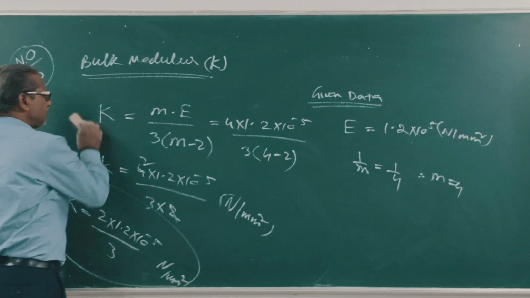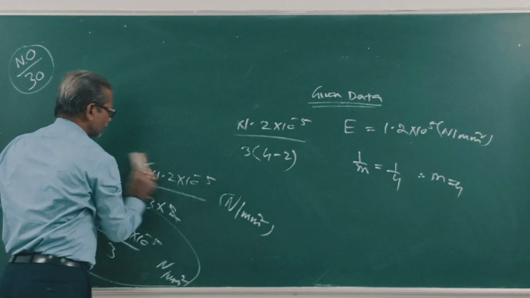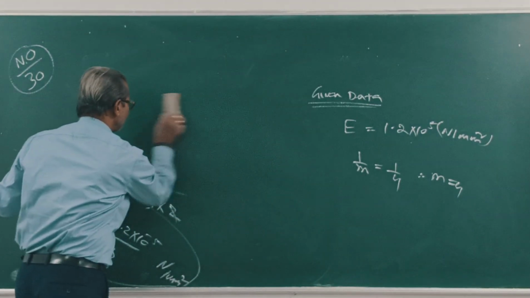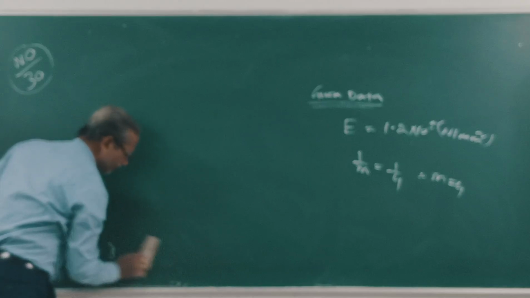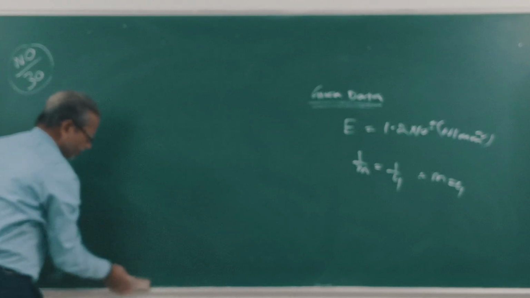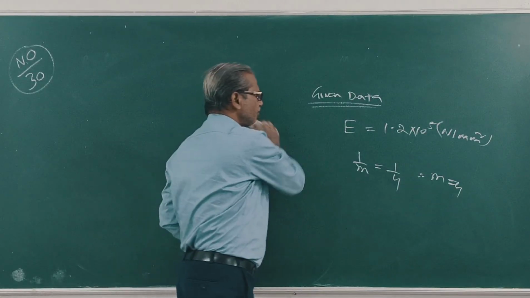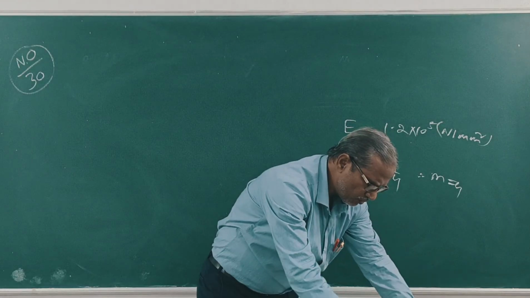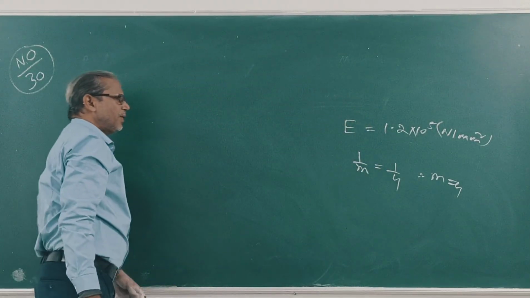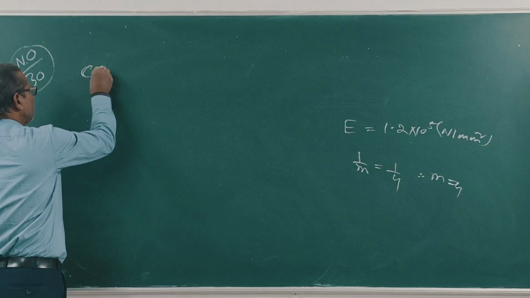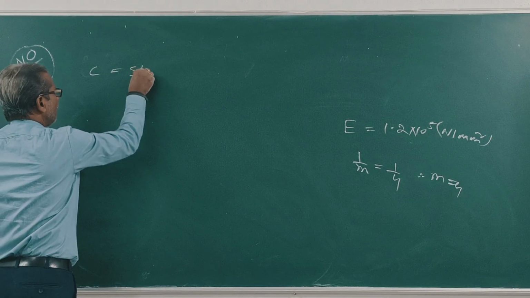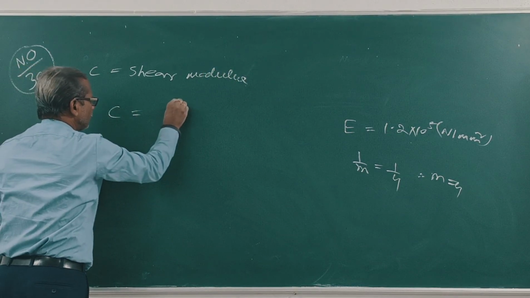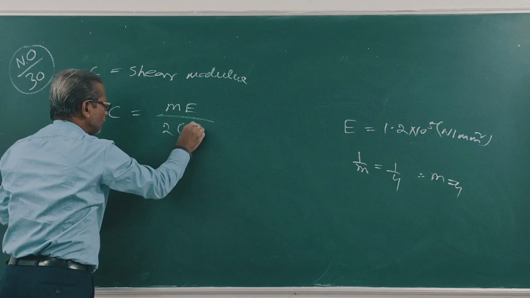Next, shear modulus. Now, shear modulus C. What is C? C is equal to mE by 2 into m plus 1.